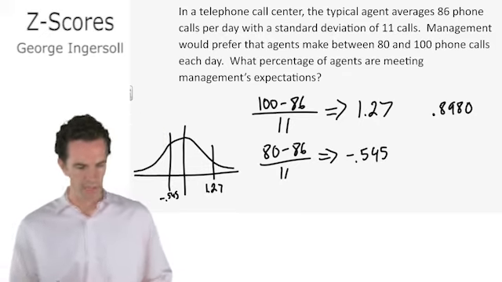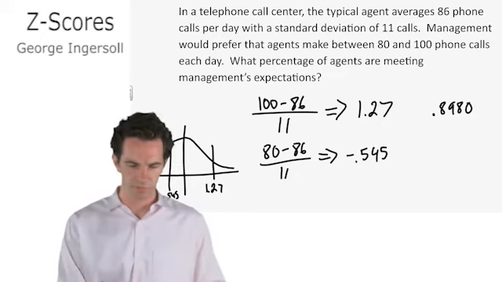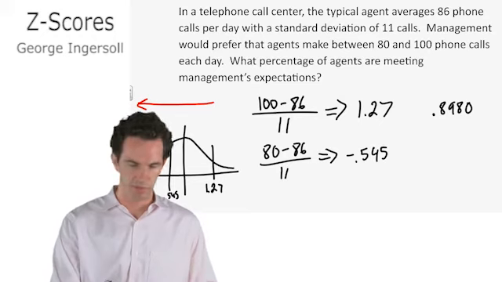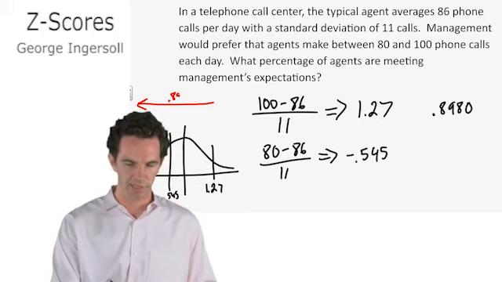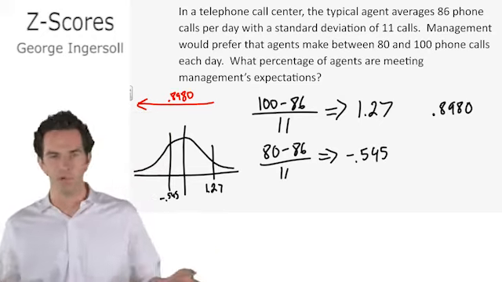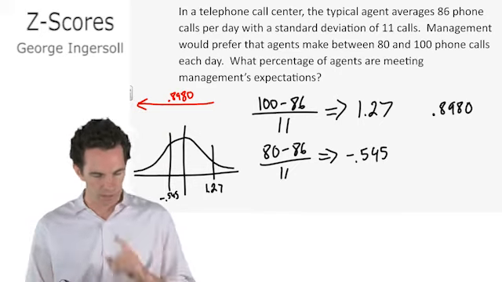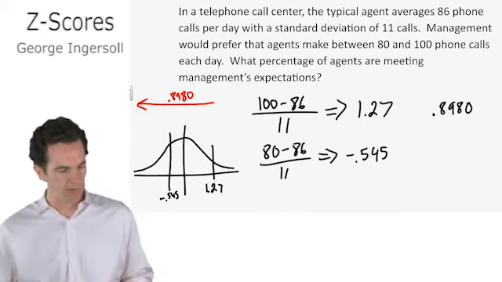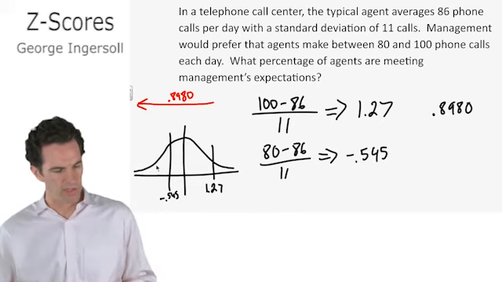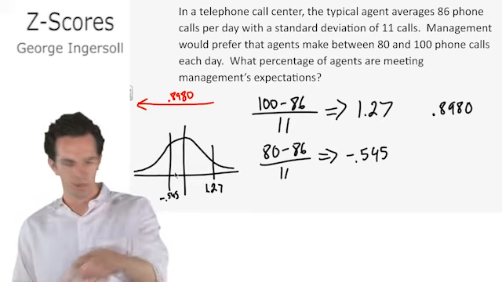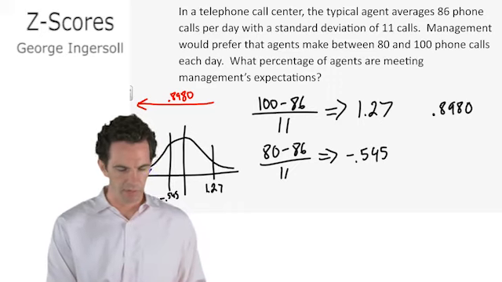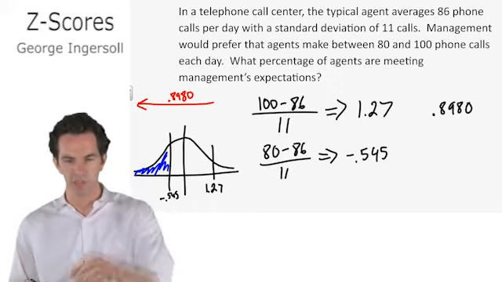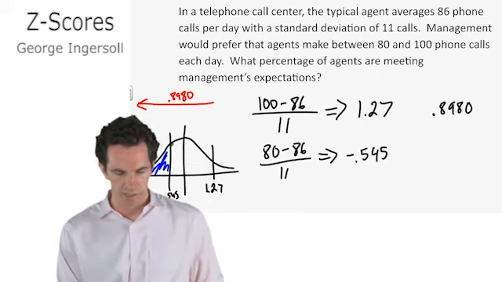And we know now everything to the left of 1.27 is going to be equal to 0.8980, or 89.8%, however you want to do this. So once we figure out what this value is in here, we're going to be able to subtract the one from the other, right? Because what we're really interested in is this range.